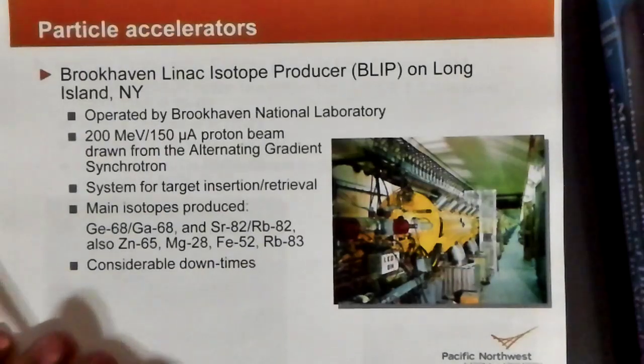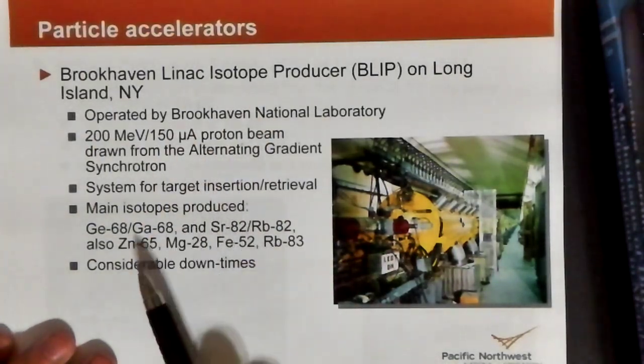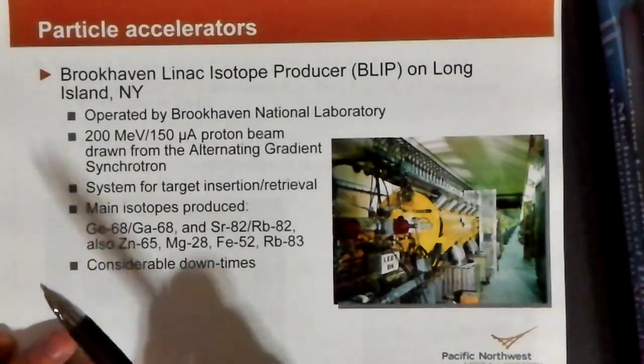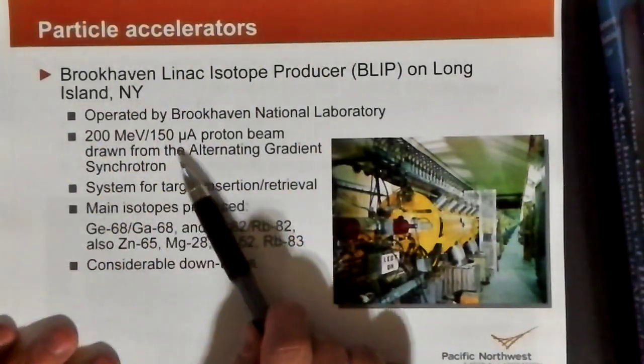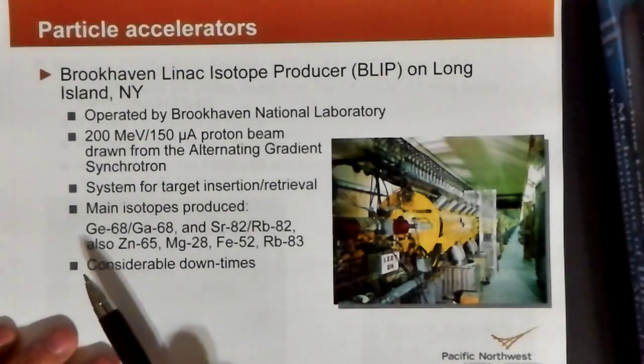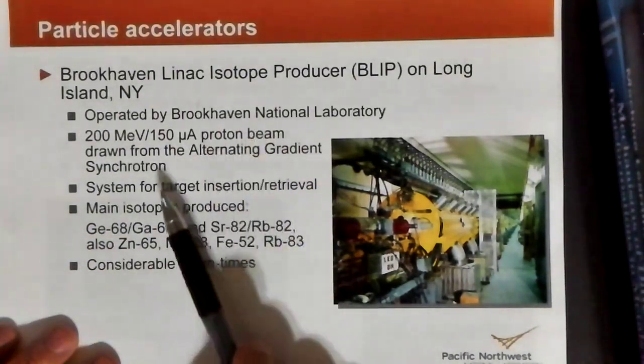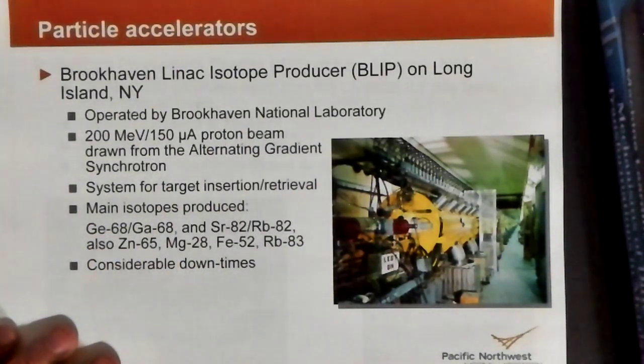Now, obviously, they can't be producing medical isotopes when they're running the Relativistic Heavy Ion Collider, because that would be in conflict with the science mission. But when RHIC is down and not doing those experiments, they can be used for medical isotopes.